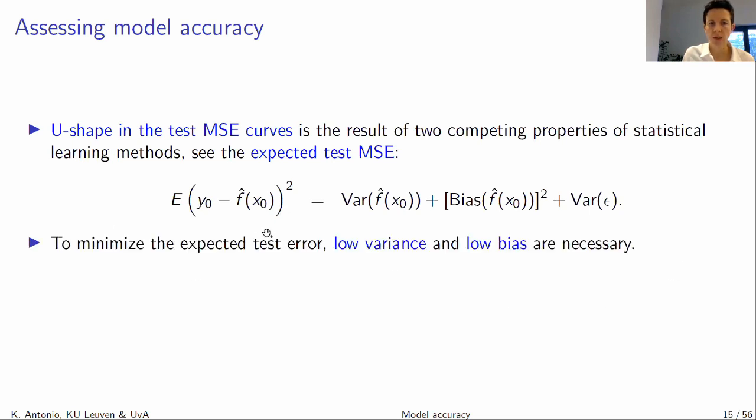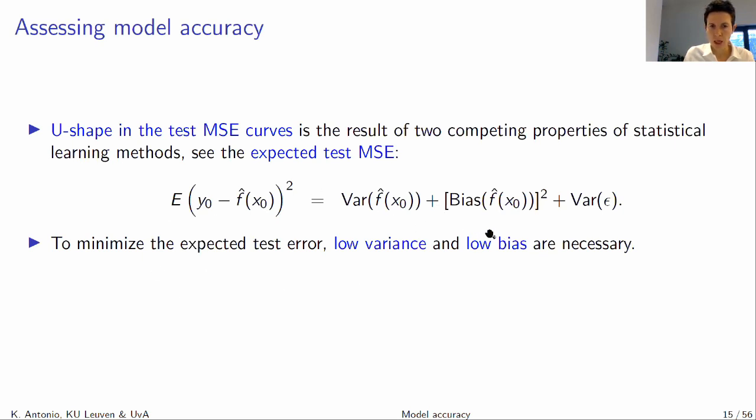So to minimize the expected test error, what you will need is low variance as well as low bias in order to make this expression small, because you know that the variability of the epsilon, that's something you cannot work on with your predictive model. That's the irreducible error. So that is a given. You cannot improve on that by constructing a model f hat.